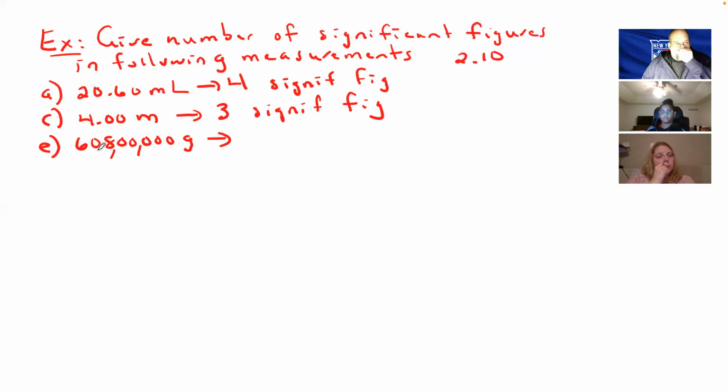The 0 in between the 6 and the 8 would be significant as well. But the rest of the zeros, the 5 zeros after the 8, would not be significant, because here you have a whole number and there's no decimal point given. In the world of significant figures, when you have a whole number with no decimal point given, that's important. So the 5 zeros after the 8 would not be significant. You only have 3 significant figures.